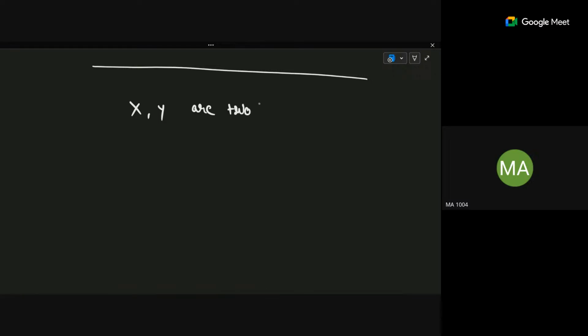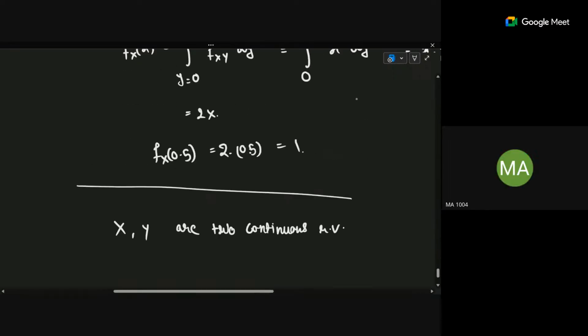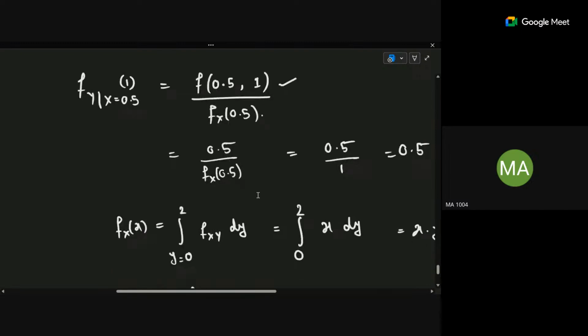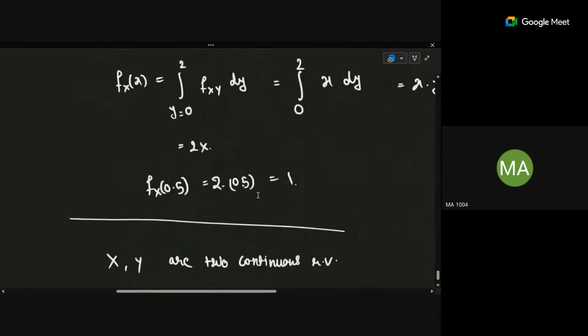Whenever there are two random variables, just check whether the last answer is 0.5 by 2x. Yes, 2x, and just put x is equal to 0.5 here because we want the marginal density of x at the point 0.5. That will give you 1.